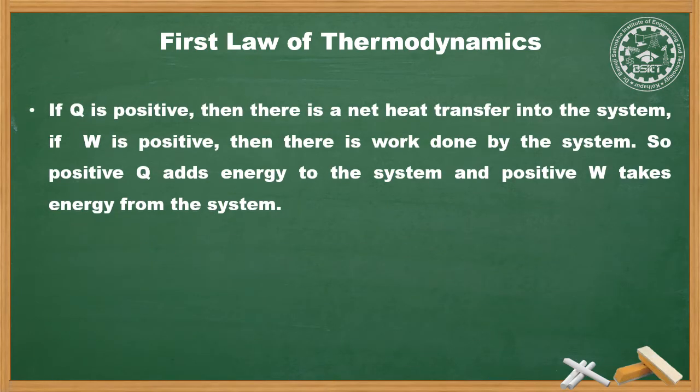The first law of thermodynamics states that energy cannot be created nor be destroyed but can be transformed from one form to another form, based on which we mathematically derive delta Q is equal to delta U plus delta W. If Q is positive, that is the heat energy is positive, then there is net heat transfer into the system, whereas if W is positive, that is the work done is positive, then there is work done by the system.